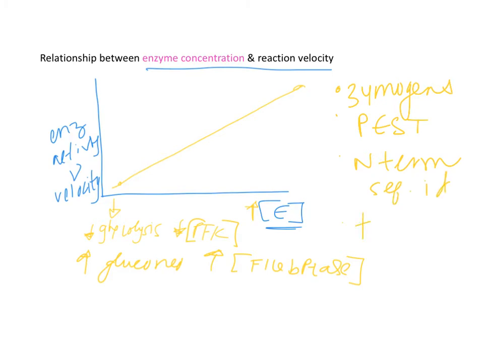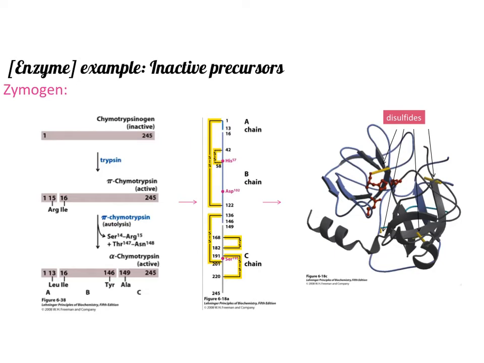And then there's transcriptional regulation, which is regulation at the DNA level. Okay, so zymogens are inactive enzyme precursors.